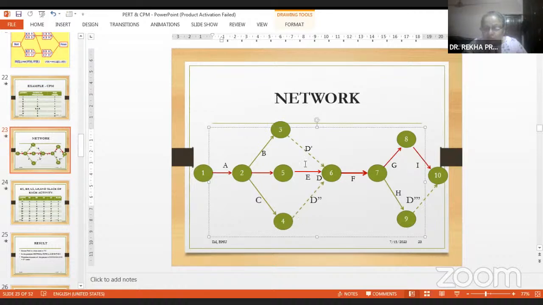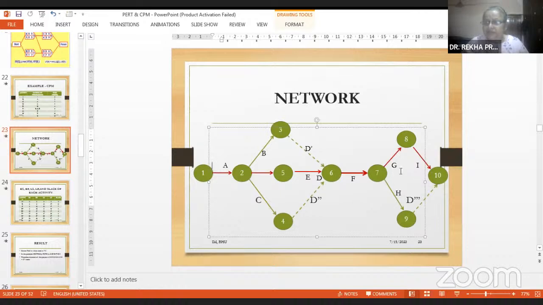So you have these two dummy activities. It is just to make the picture clearer. You'll know exactly how things are moving. And from here, these three are the immediate predecessors of F. From F, G and H are starting.